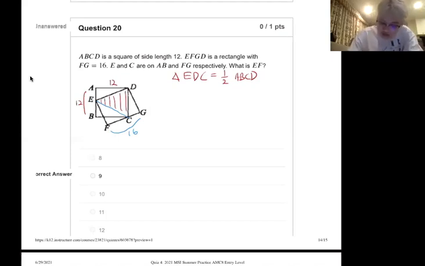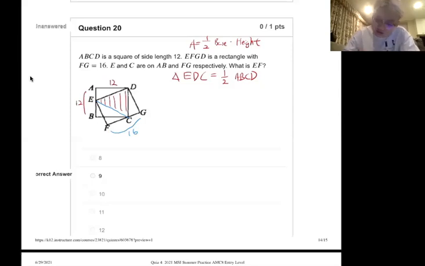The height will equal BC, which is also 12. Because the area of a triangle is 1/2 base times height, right? Therefore, the triangle EDC is half the area of the square ABCD.